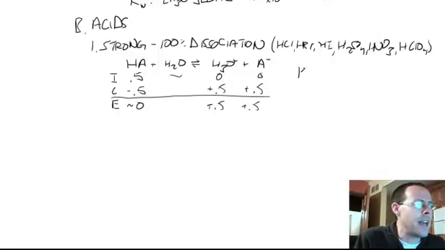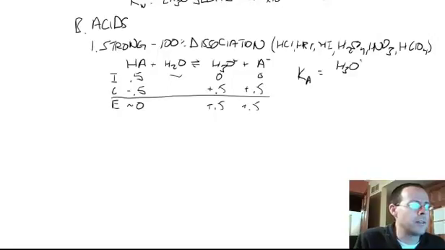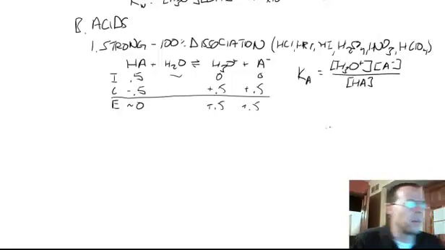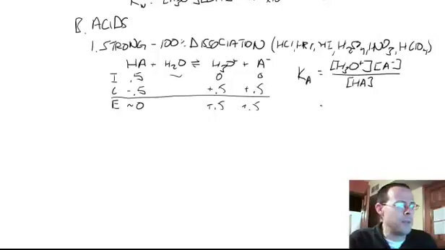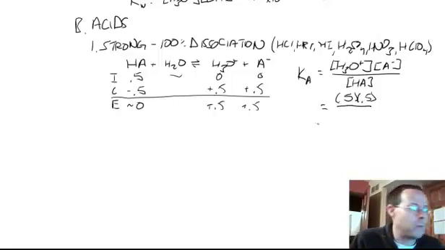If we look at the Ka for this, it's a Ka because it's an acid. Kas are always hydronium, or you might just write H plus to shorten it, times our anion, all divided by HA. If we put numbers in, we have 0.5 times 0.5, divided by something practically 0, a really, really small number.